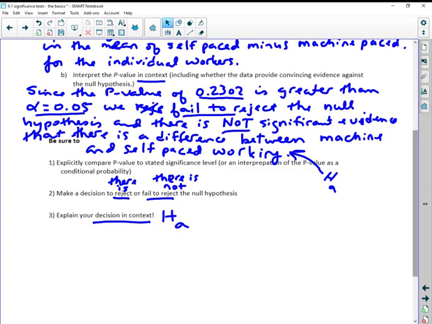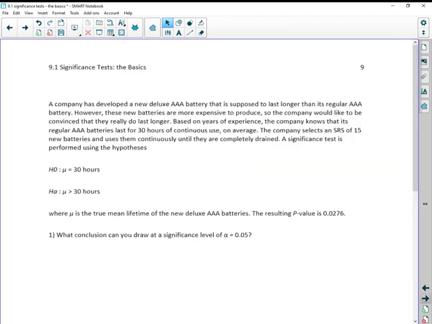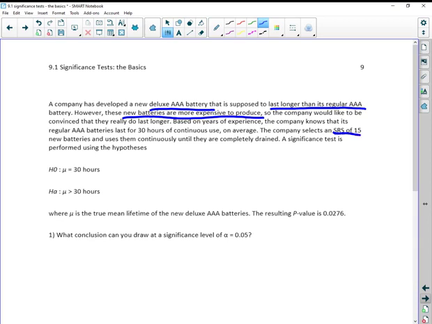So, looking at a situation with a company that has developed AAA deluxe batteries, and they're supposed to last longer than their regular AAA batteries, and we're thinking, should we change our whole production? These new batteries are more expensive to produce. We do a simple random sample of 15 new batteries, and we use them continuously until they're drained.